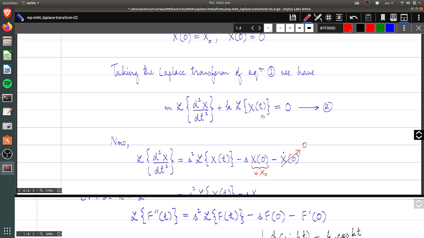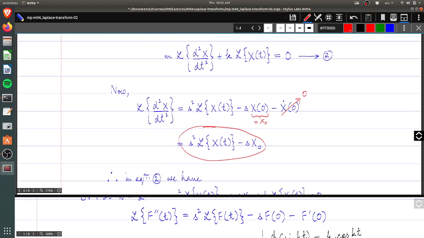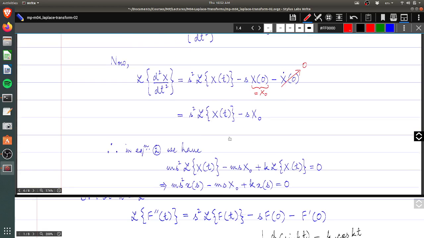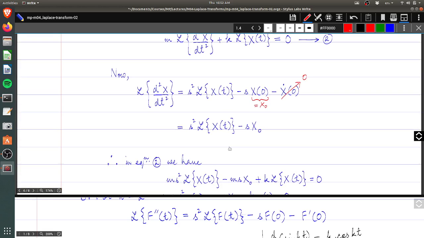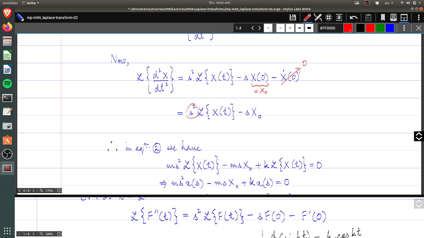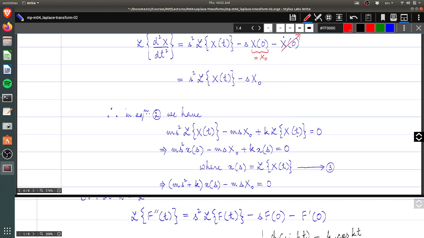Substituting this in equation number 2, just take this expression and replace it over here. This gives us m times s square times the Laplace transform of x, minus m times s x naught, and then here we have k times x of t.